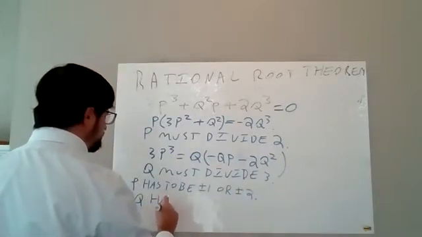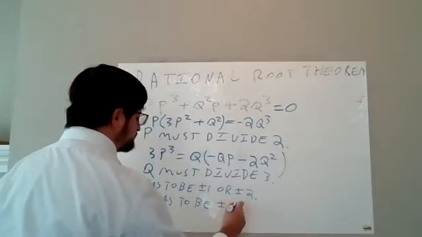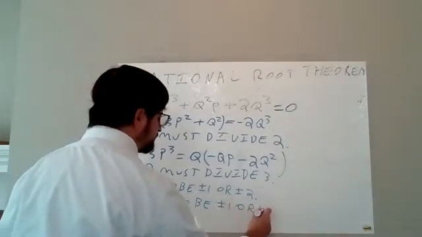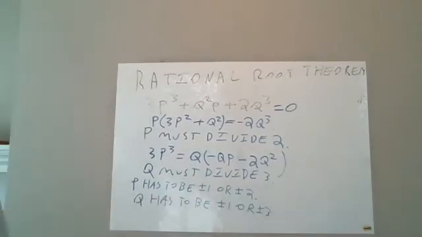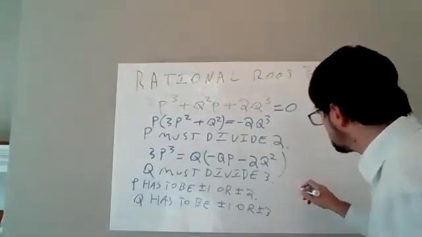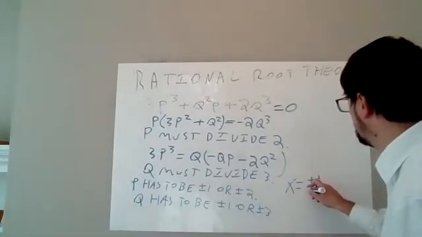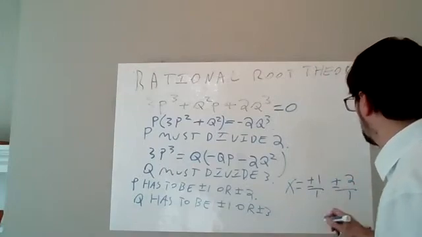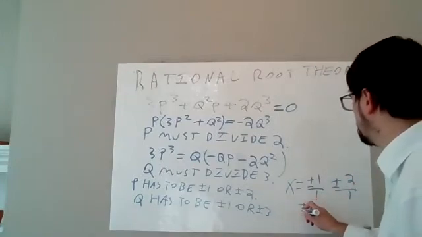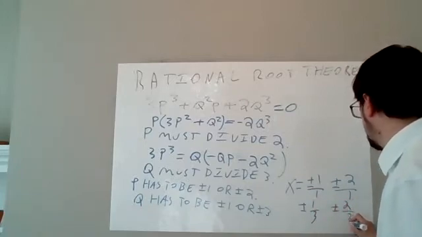Q has to be plus or minus 1 or plus or minus 3. Those are the divisors. So now we can put that together. A total set of x must be plus or minus 1 over 1, plus or minus 2 over 1, or plus or minus 1 over 3, plus or minus 2 over 3.